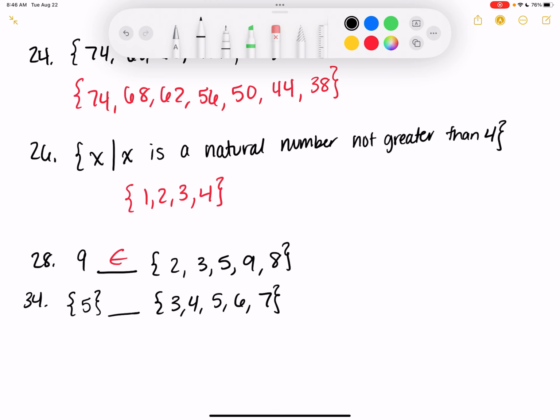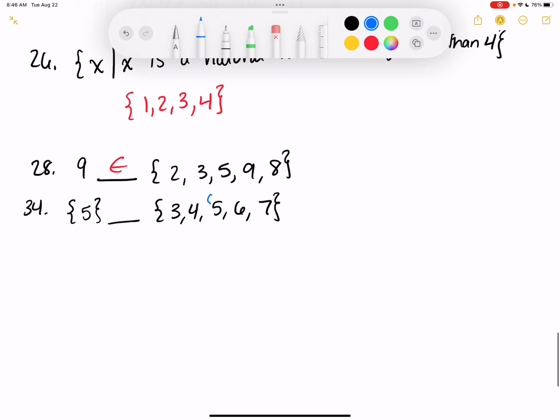No, because it's its own set. The only way it would have been is if this had instead had that around it. So because it didn't, it is not an element of.